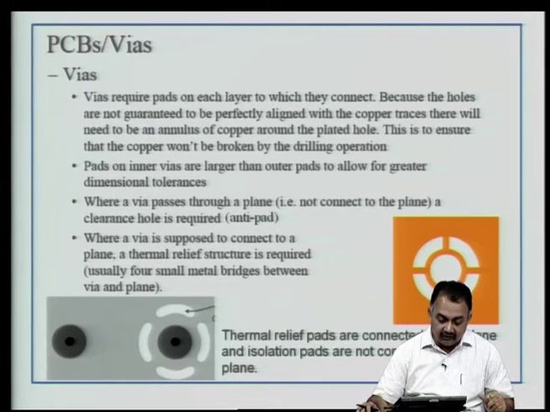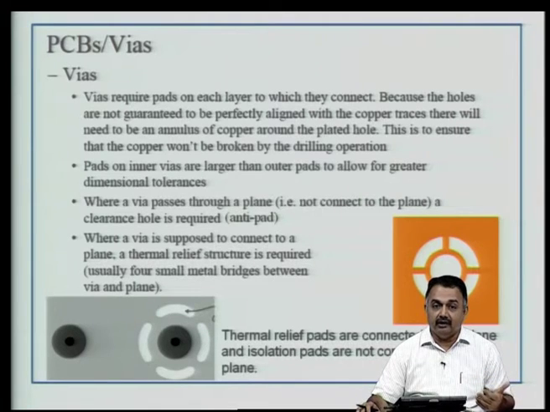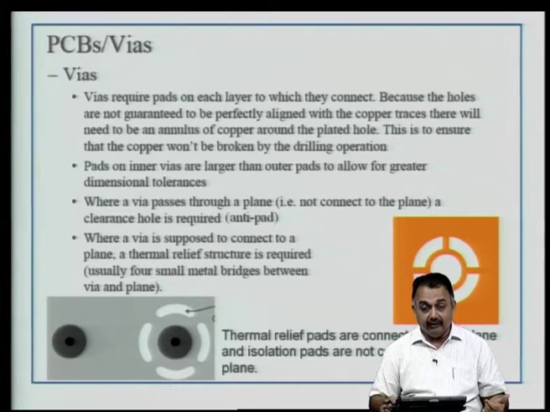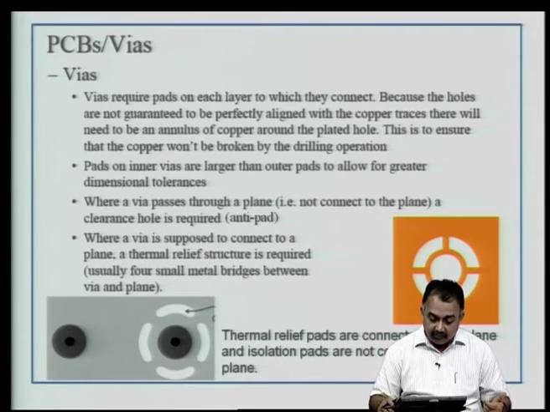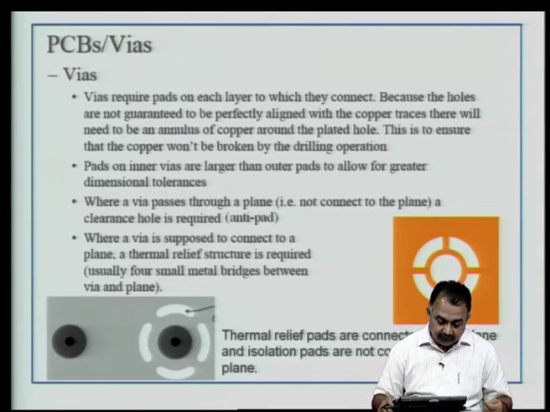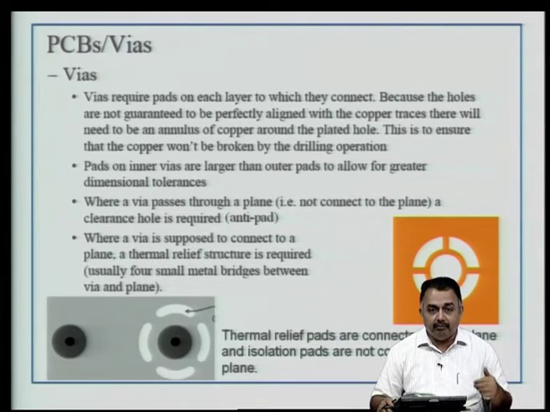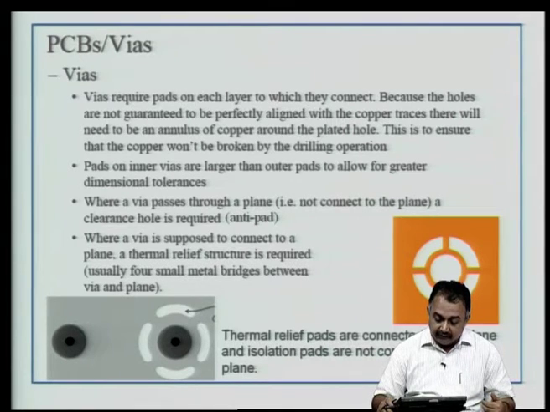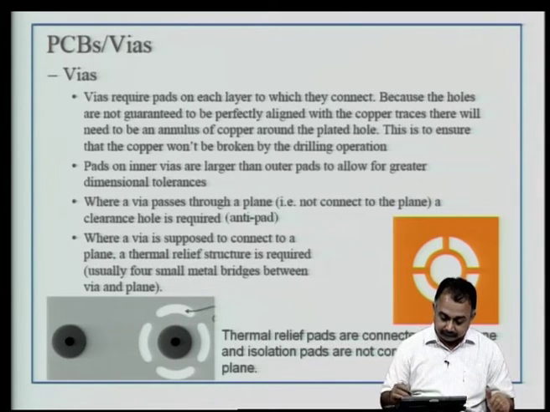Pads on the inner via layers are larger than the outer pads, because the dimensional tolerance will be greater for aligning inner layers of a multi-layer board. When a via passes through a plane of copper, a clearance hole is required if you do not want to connect to the plane.